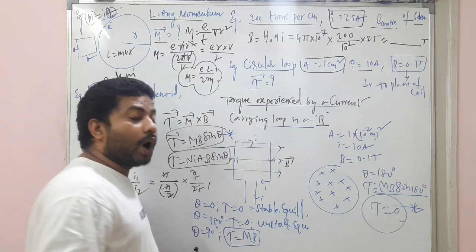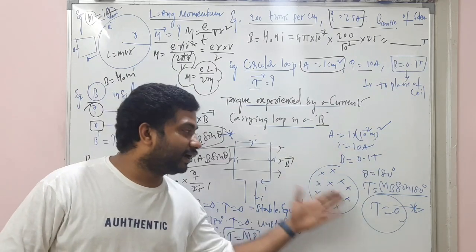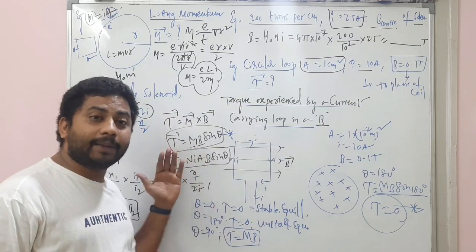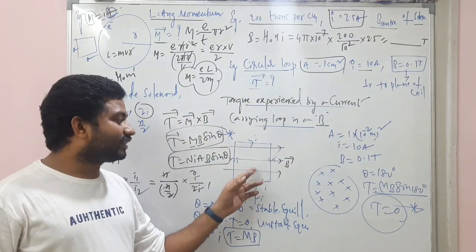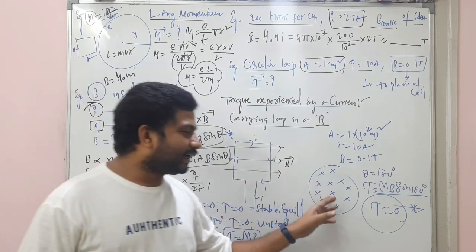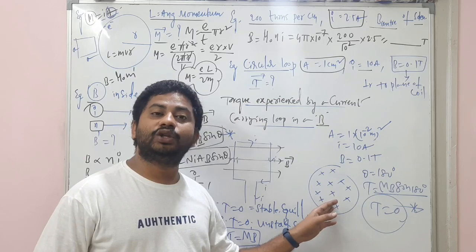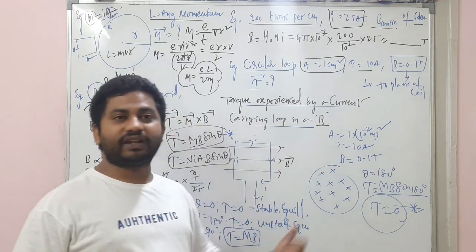Remember, how the magnetic field is applied is important: perpendicular to the plane of the coil or in the plane of the coil. When it is in the plane of the coil, the theta value is 90 degrees. When it is perpendicular to the plane of the coil, the theta value may be 0 or 180. Those two cases are very important.